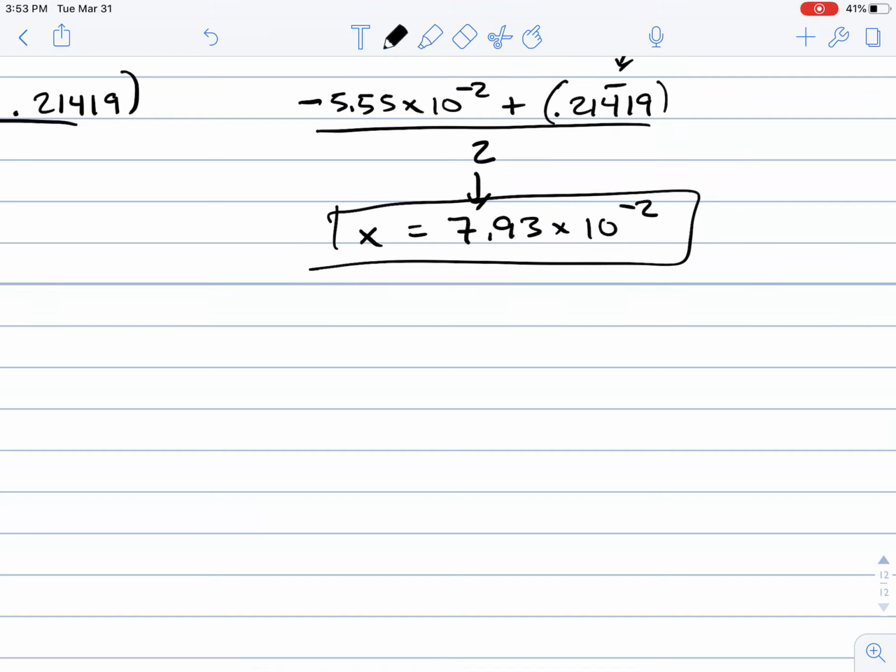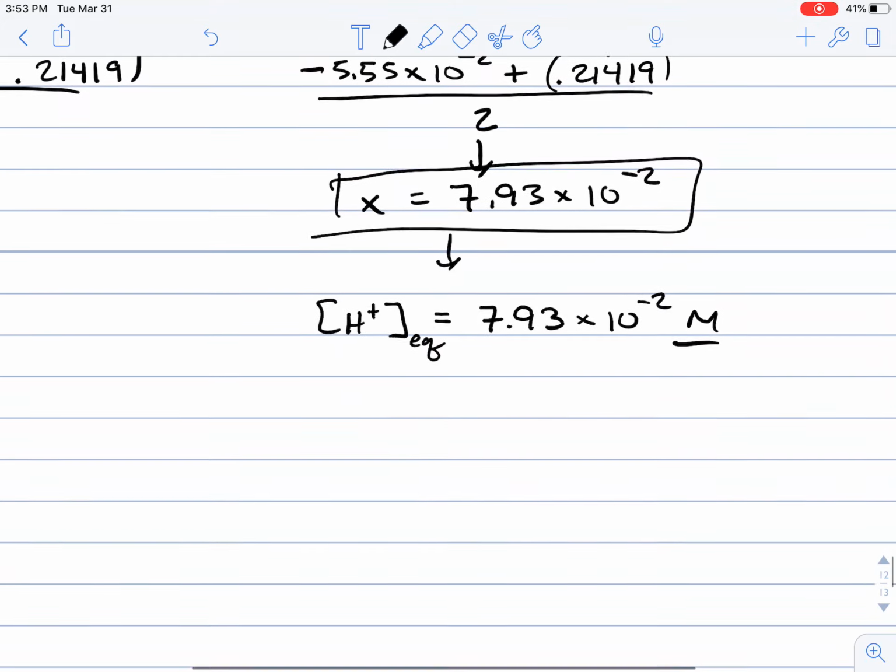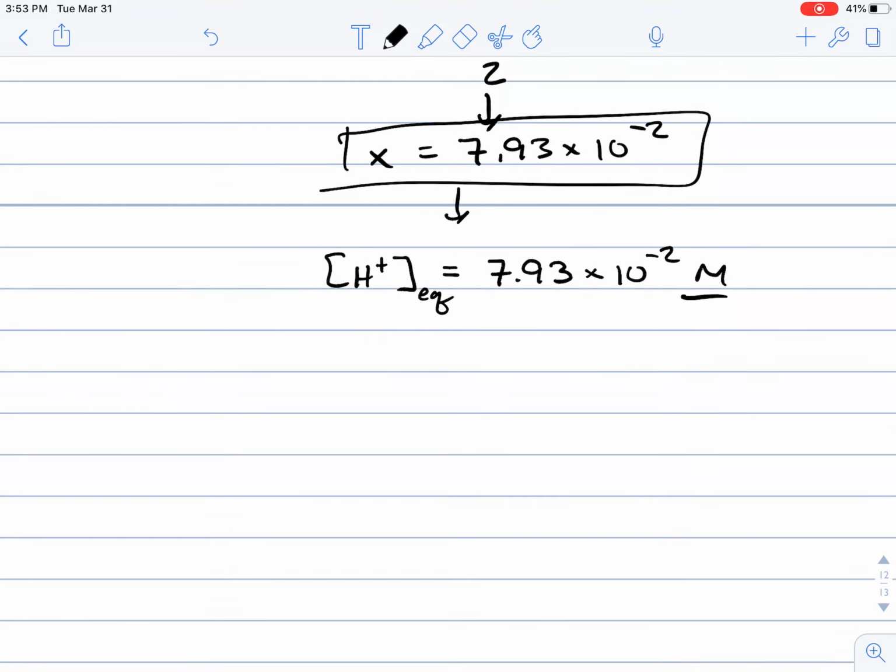And so this value that we got is representative of the concentration of hydrogen ion at equilibrium. And so since now this is representative of concentration, we need to put in molarity. So to determine the pH of the solution, we're just simply going to take the negative log of the number.